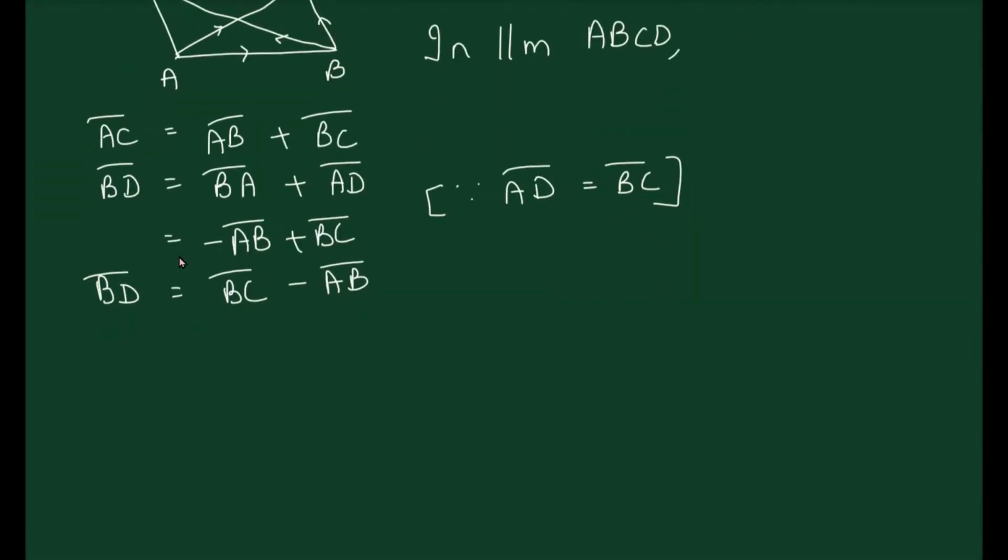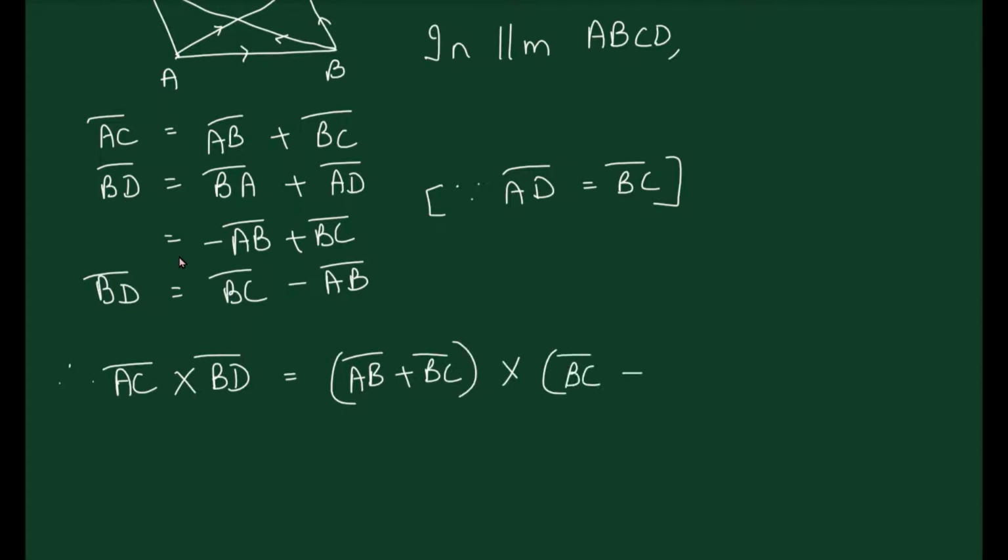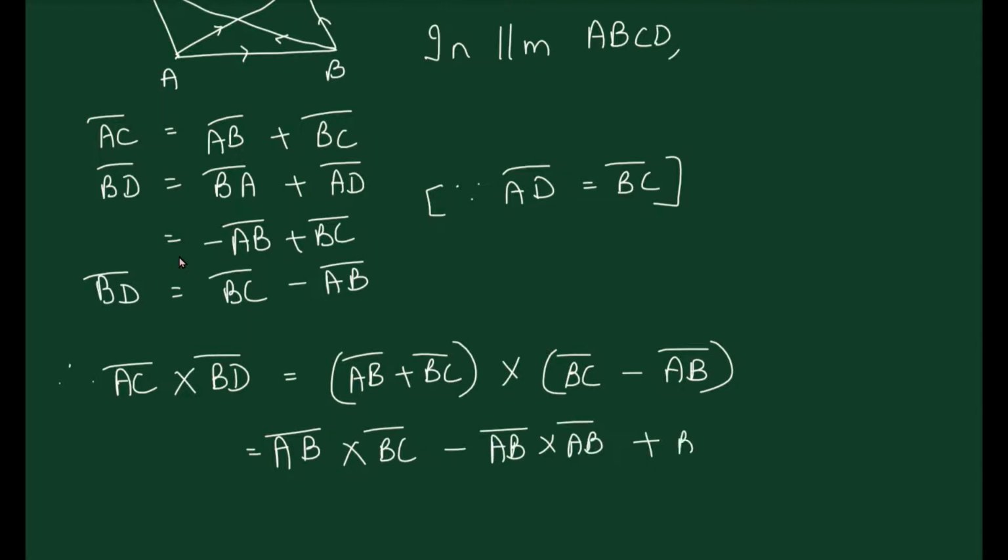Now suppose as required, we take AC cross BD. We are going to write AB plus BC cross BC minus AB. Okay, and then over here, by opening the brackets, we get AB cross BC minus AB cross AB plus BC cross BC minus BC cross AB.